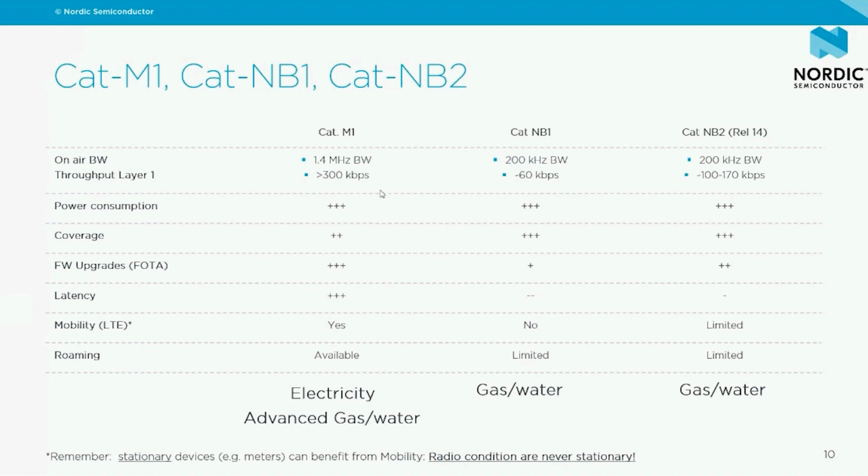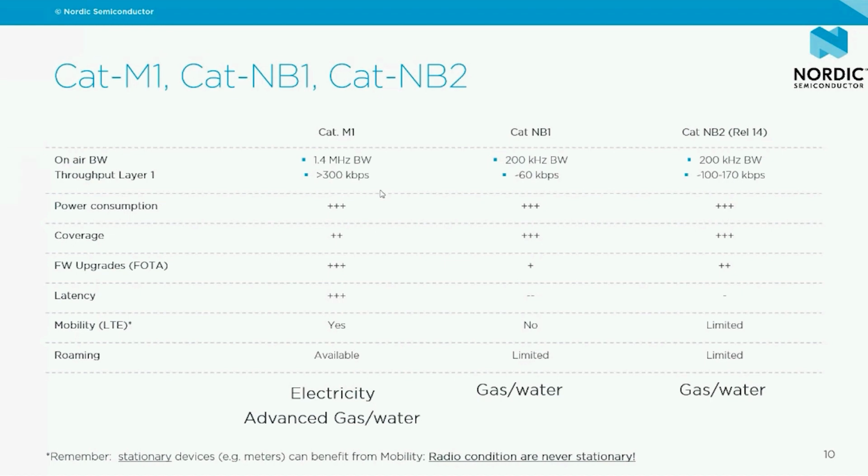And there's one point about mobility which I want you to be aware of. You think about mobility in LTE for mobile devices, but you should also consider mobility when you look at the radio conditions for any stationary devices that you put in the market, such as utility metering.